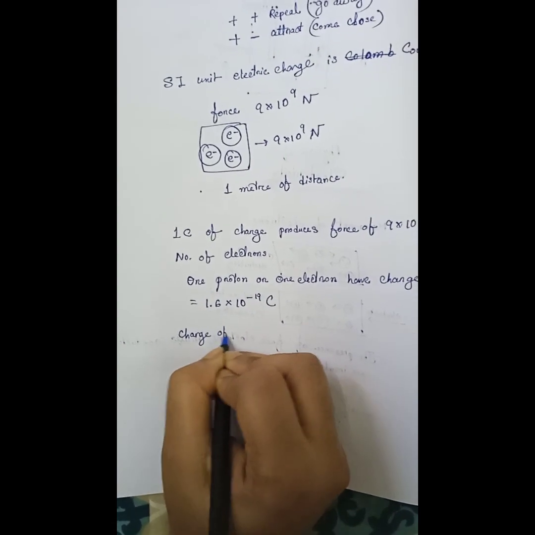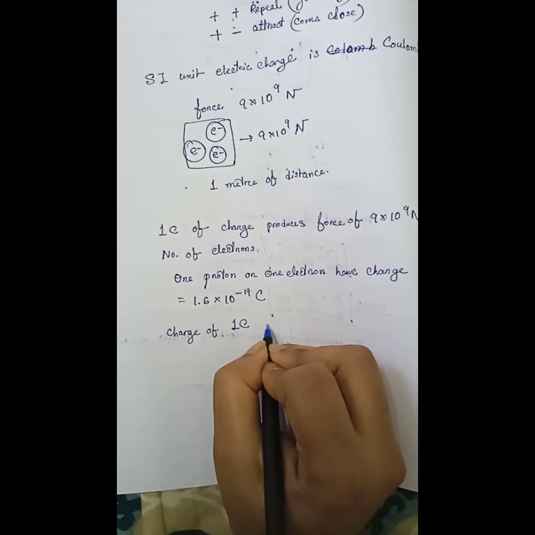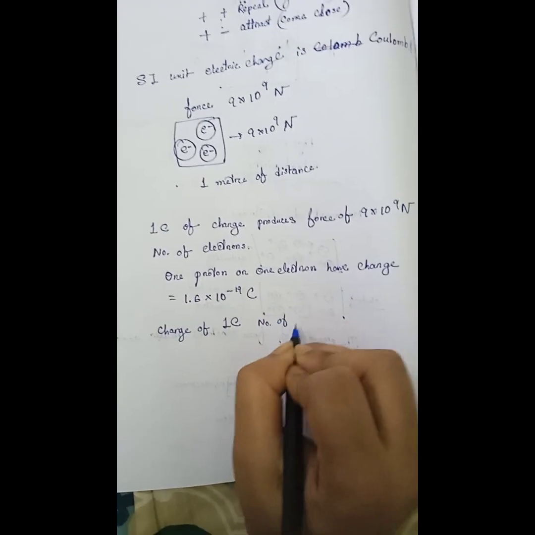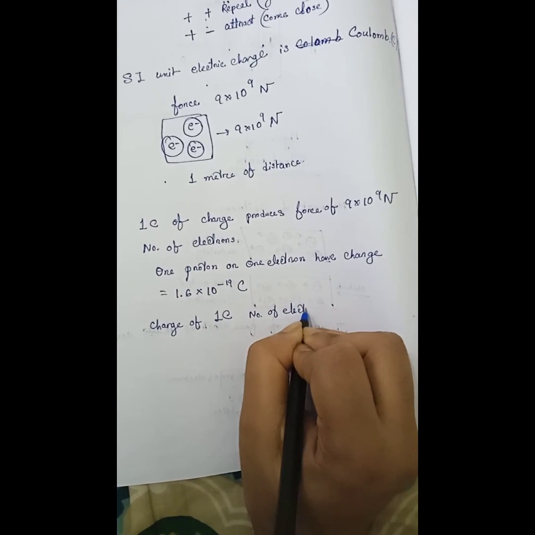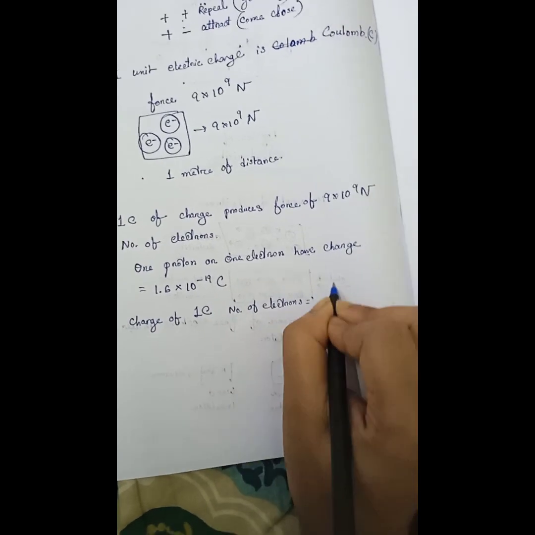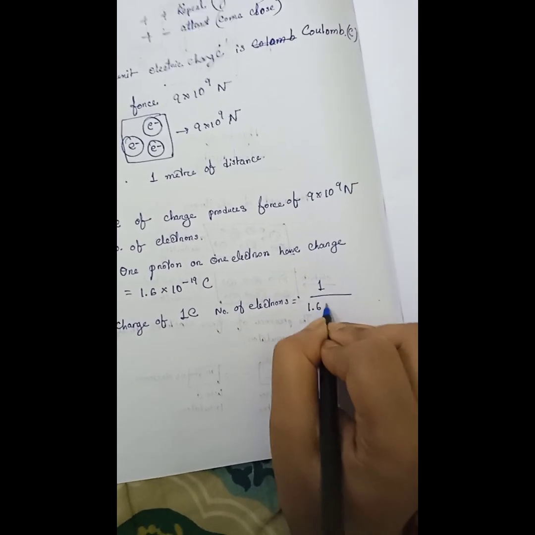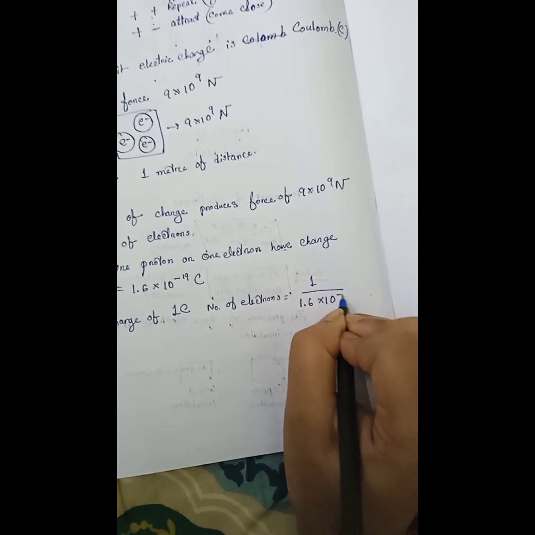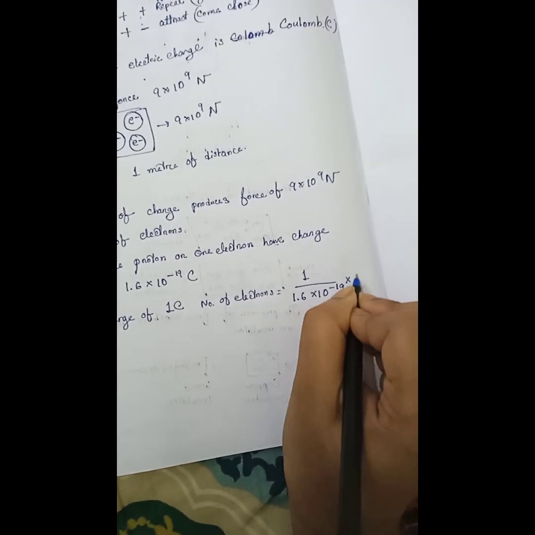So for the charge of 1 coulomb, the number of electrons in 1 coulomb will be 1 divided by 1.6 into 10 to the power minus 19, into 1. 10 to the power minus 19 could be written in the denominator, with 1.6.